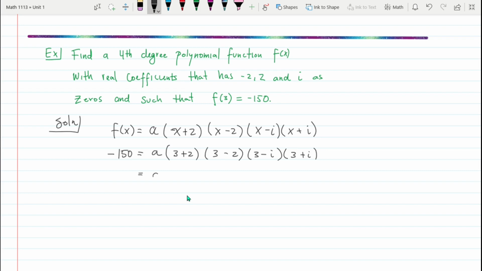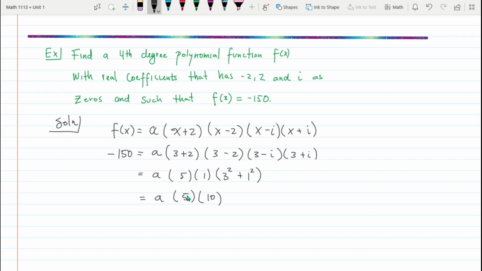Okay, so here we have 5 times 1, and if you remember multiplying complex conjugates, all you have to do in this very particular case is square the a's and the b's. So 3 squared plus 1 squared, and that's going to be 5 times 10, right? 3 squared is 9 plus 1 squared, so 10.